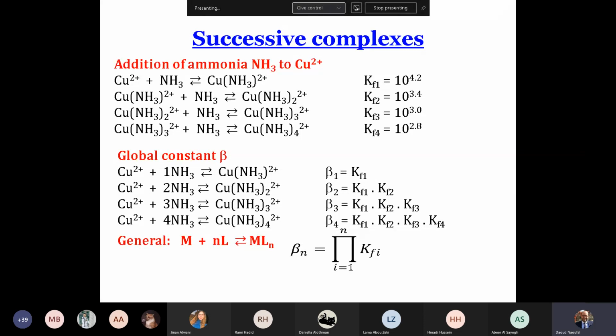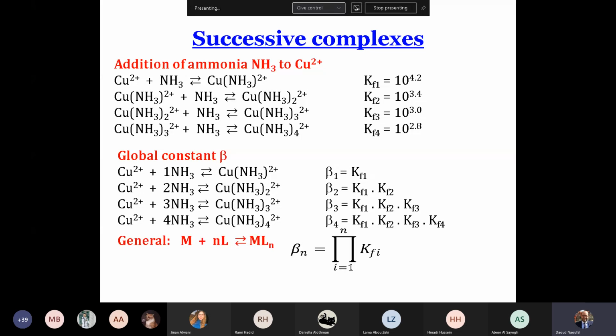And if the reaction is favored in the backward direction, so ML to M plus L, that means this complex is unstable. The stability of the complex can be determined by Kd or Kf.